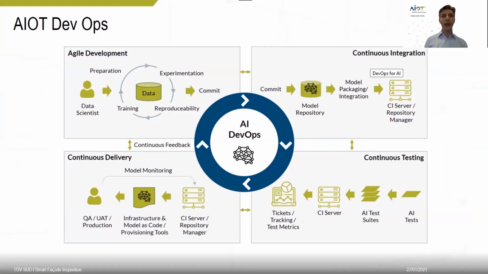So we have data scientists, we train our AI models, and then we have a continuous DevOps process in place to continuously deploy updated models with experts globally from the TÜV Süd world for the various types of building elements. The continuous delivery that closes the loop also to our customers is what we call the drone facade inspection platform, with the various 3D model visualizations and the follow-up use cases that we can deliver digitally.